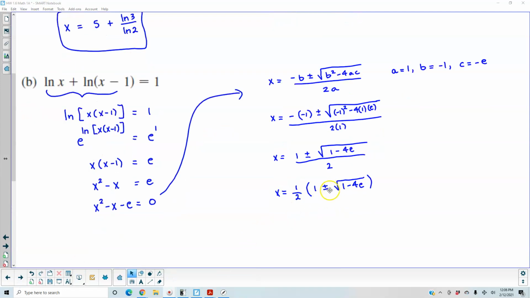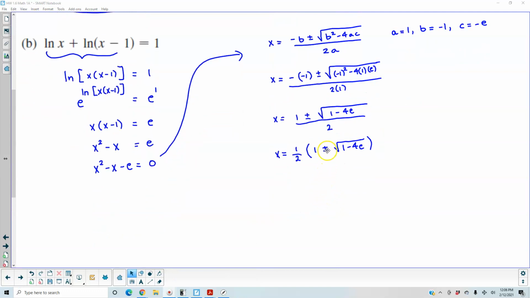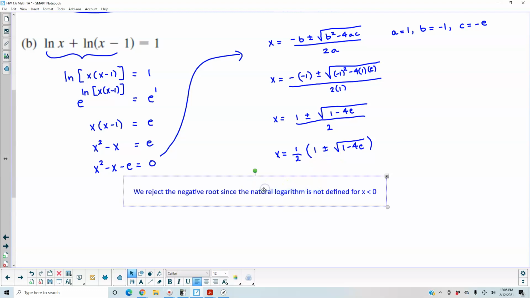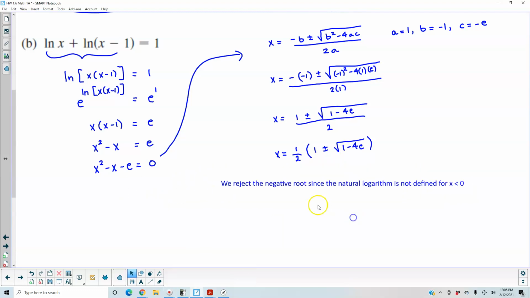So here it's telling us that we have two solutions, but technically one is plus and one is minus. So we reject the negative root since the natural logarithm is not defined for x less than 0. So therefore x is going to equal 1/2 times 1 plus the square root of 1 plus 4e.